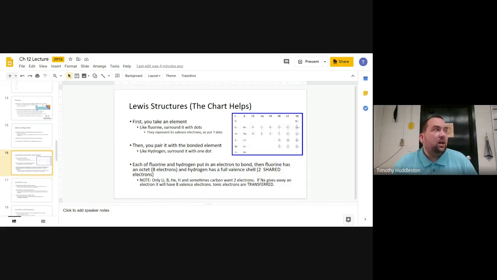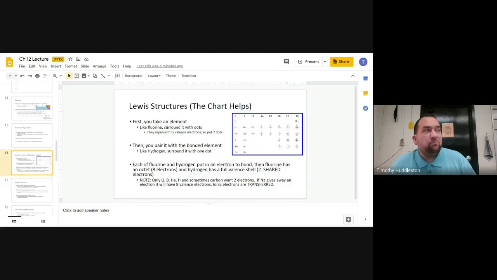So how do I know how many valence electrons I have? Look at the principal energy level. Just like with the electron configurations, count how many electrons are in that outermost ring. Now remember, if you're talking about the transition metals, those do not count as valence electrons.